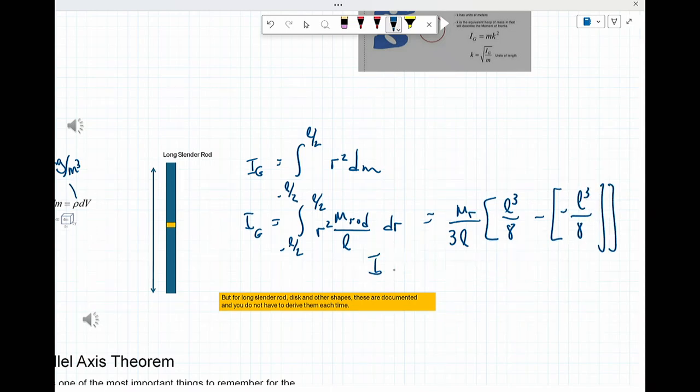Out of that, I end up with 1/12 mL squared.